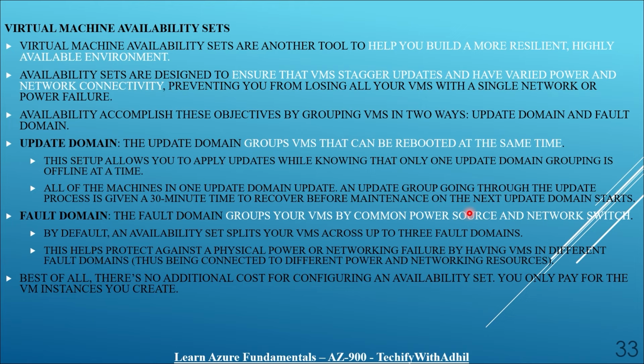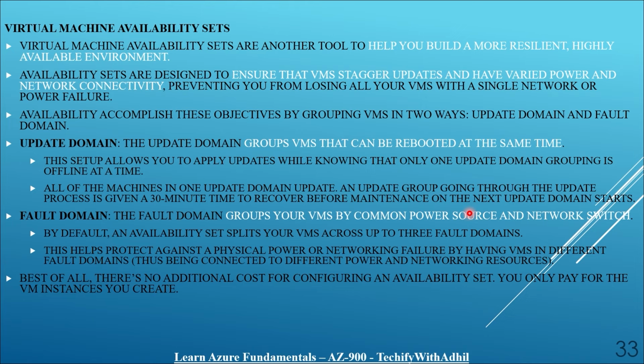Update domain covers any known, predefined or scheduled downtime. You are going to update the VM, so you need to reboot it. This will be covered by your update domain. This allows you to apply updates while knowingly taking VMs offline one at a time. So it will cover that.